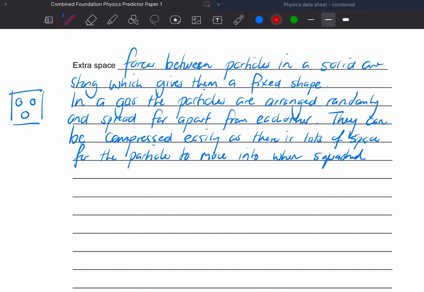If you put a force on this particle, that particle can move because there's lots of space. You could shrink this whole box down to that size and the particles could move. In fact, you could shrink it even smaller because we could move those particles into a really small space like that, couldn't we? So the particles can move. That's why they're easy to compress.